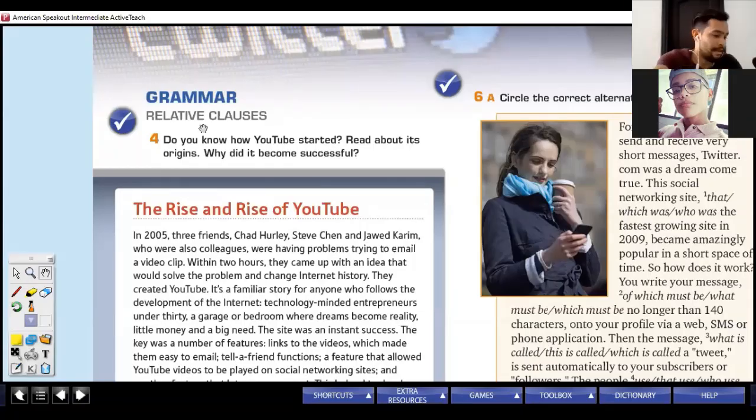So guys, do you know what relative clauses are? Is there anything you can say about a relative clause? So what's that? What is a relative clause? An idea?